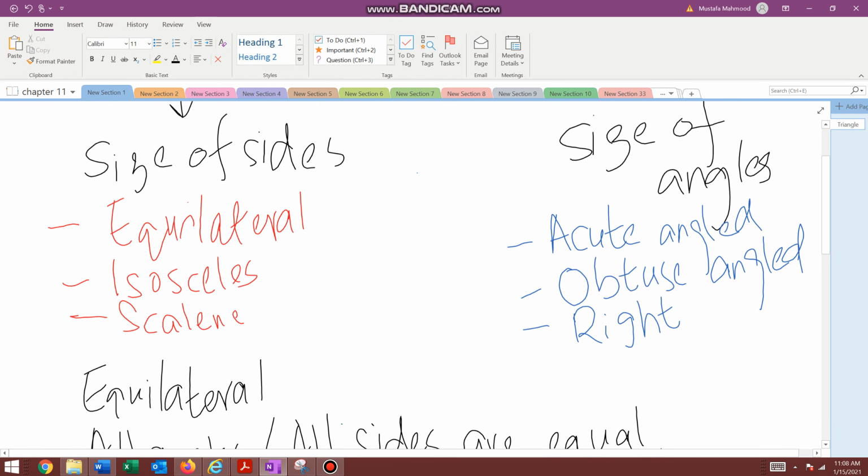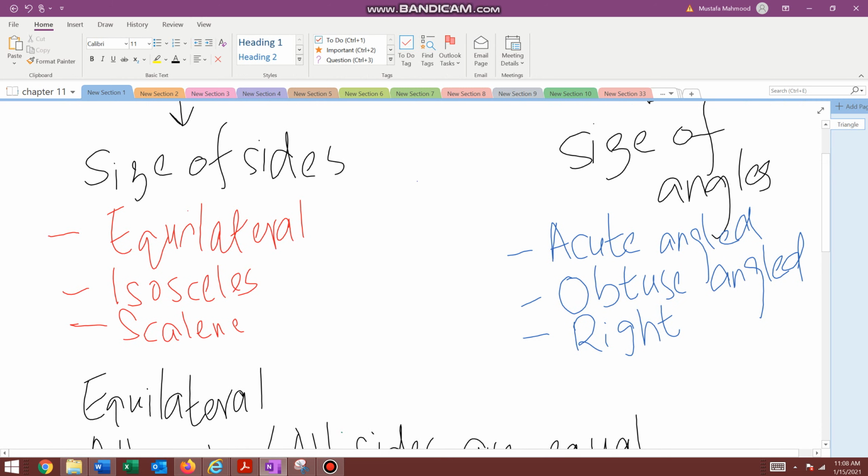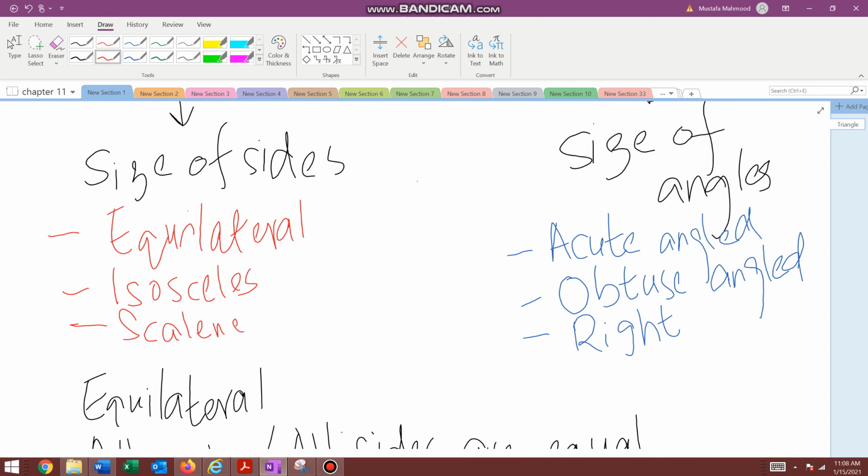Now coming to the triangles based on size of their angles, acute angle we've done in chapter 10 is an angle that is less than 90 degrees. So a triangle with angles less than 90 degrees, all of them, is an acute angled triangle. Similarly, we've done obtuse angle.